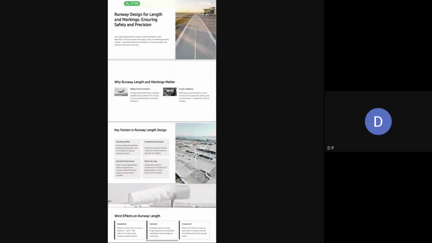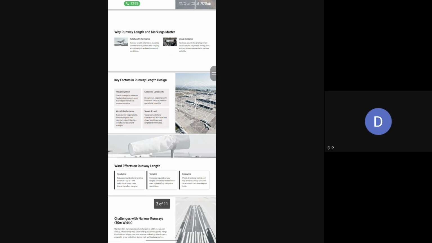Why do runway length and marking matter? Safety and performance. Runway length determines available takeoff and landing distance for varying aircraft weight and environmental conditions. Marking provides the pilot primary visual cues for alignment, aiming point and touchdown, especially in reduced visibility.